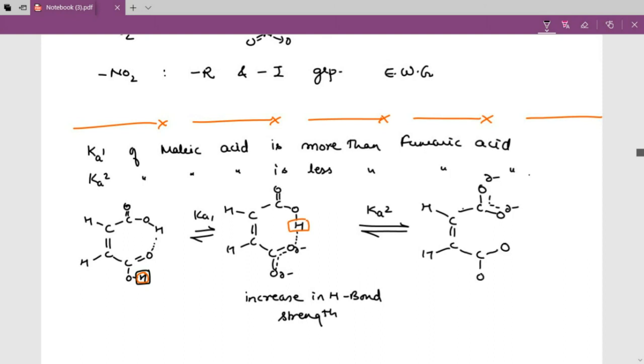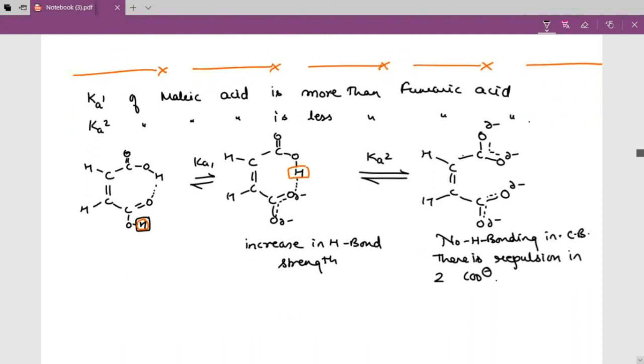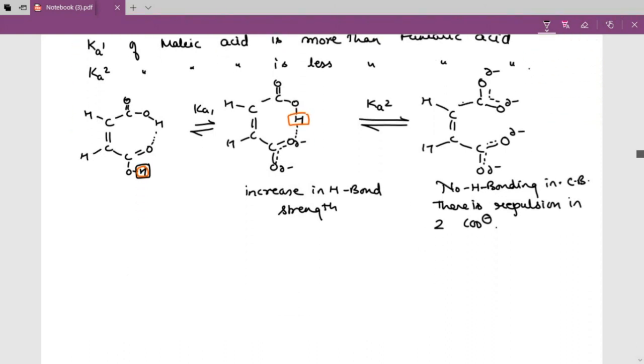This was already delta minus, delta minus. There is no intramolecular H bonding in the conjugate base. And to add to that, there is repulsion because rotation is restricted. There is repulsion in the two COO minus. As a result, this is becoming unstable.